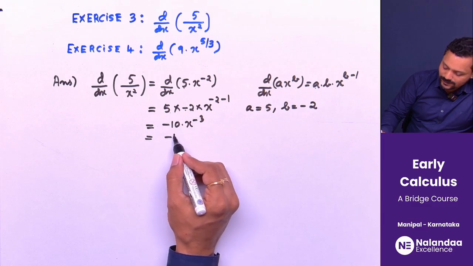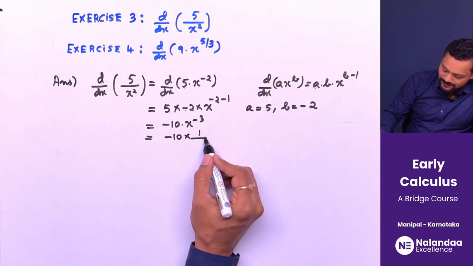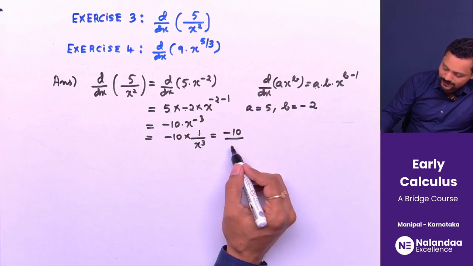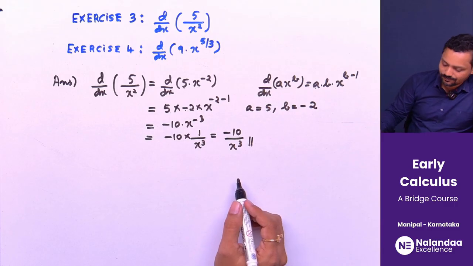This can be written as 1 by x cube. So therefore we get minus 10 divided by x cube. So this is the answer to this question.